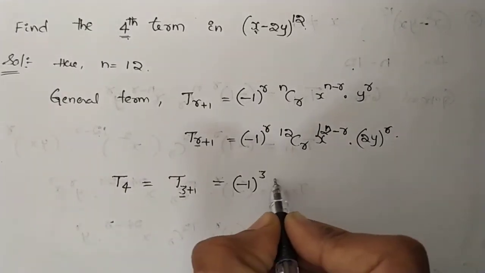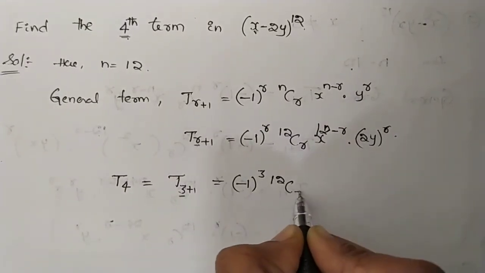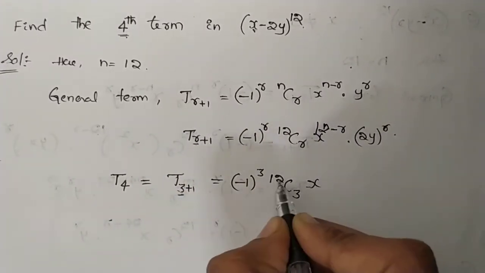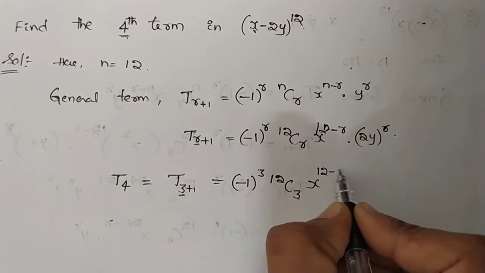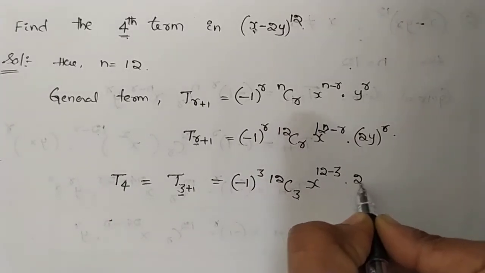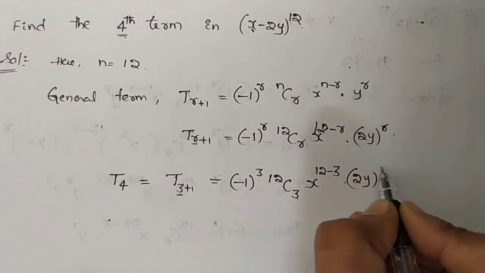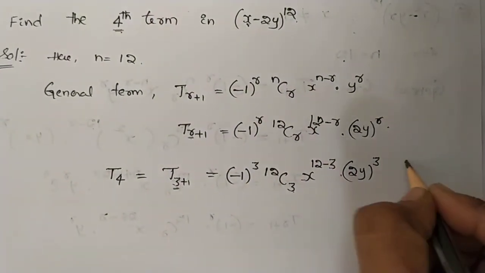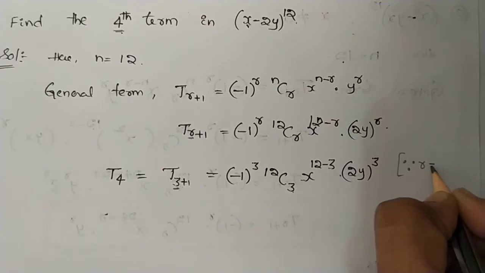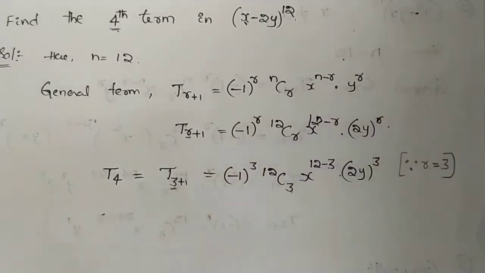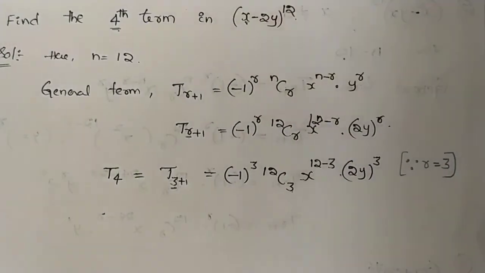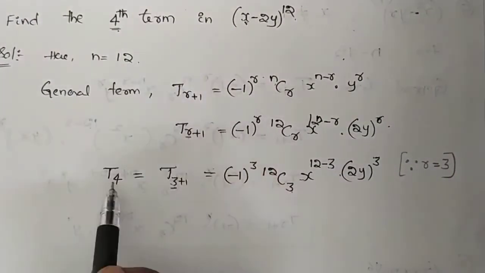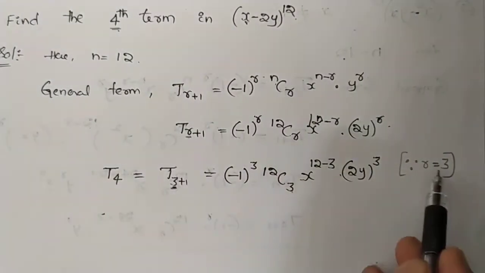Minus 1 whole cube, 12C3, x power 12 minus 3, into (2y) whole cube. Here we just substituted r equals 3. Kindly do not get confused: n value is 12 and r value is 3.